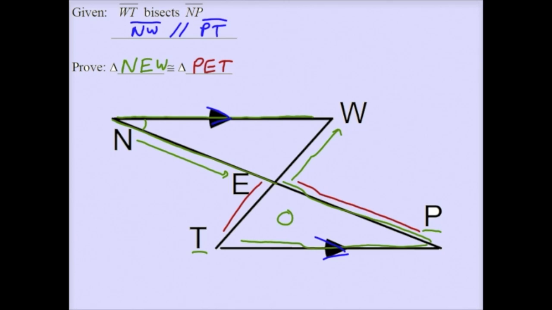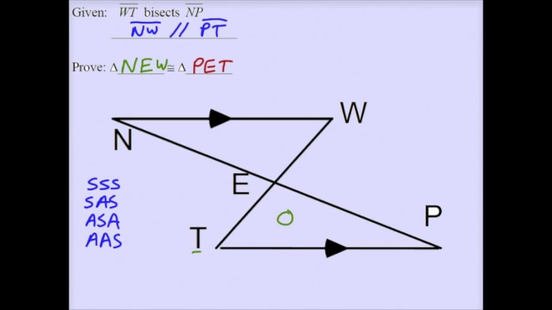So how are we going to go about proving this? We need to prove that these two triangles are congruent, and, well, we're missing some stuff. Right? We can prove triangles are congruent using SSS, SAS, ASA, and AAS. And right now we have no sides congruent and no angles congruent. So let's piece a few things together.